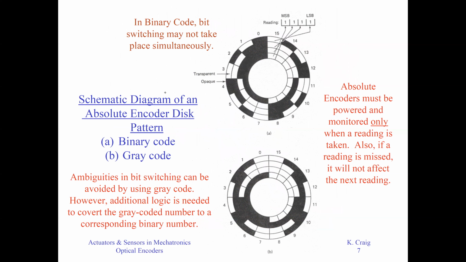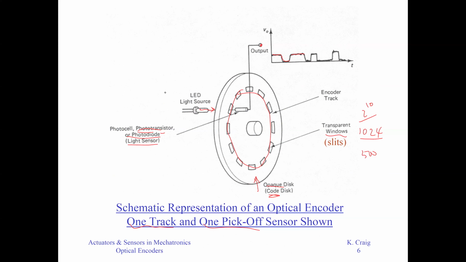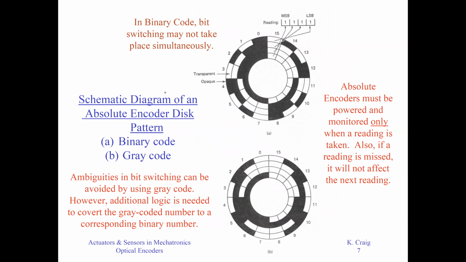So let's take a look at the disk. It's possible that you have multi tracks. These are 1, 2, 3, 4. You have 4 tracks.